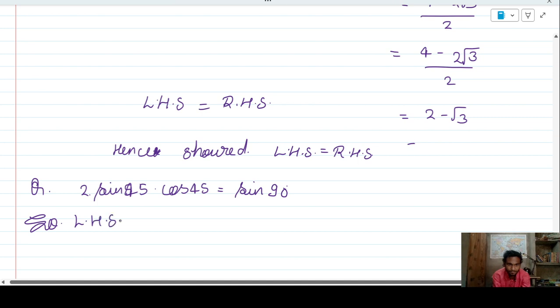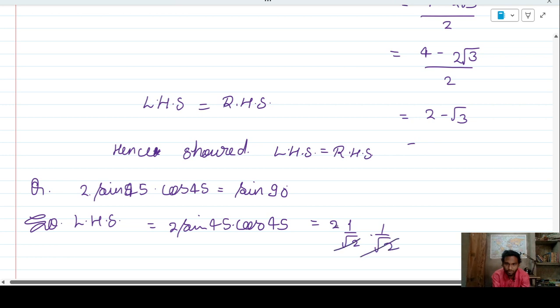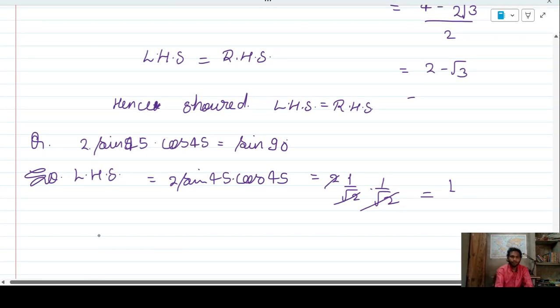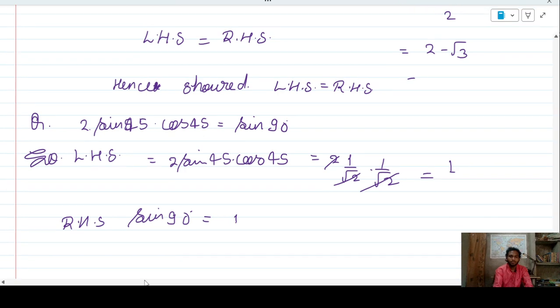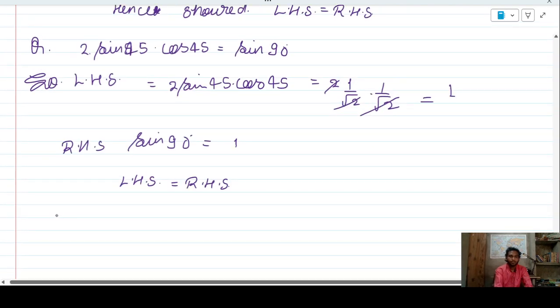Left hand side equals 2 sine 45 into cos 45, equal to 2 into 1 upon root 2 into 1 upon root 2, and root 2 into root 2 equals 2, so equal to 1. And we know that the value of sine 90, this is the right hand side, is 1, so left hand side equals right hand side. Okay, next problems.